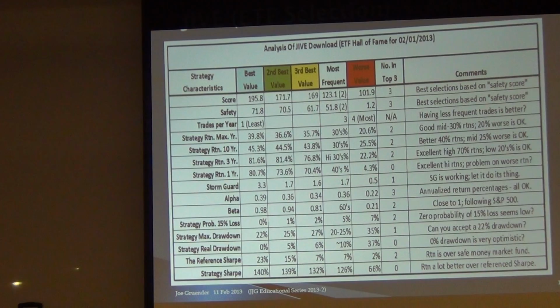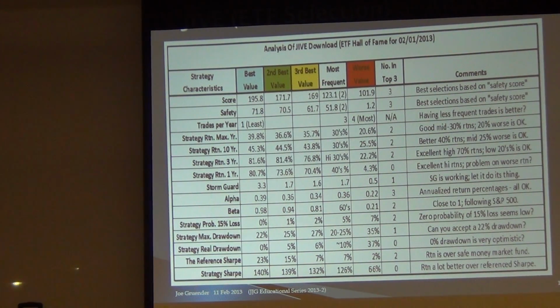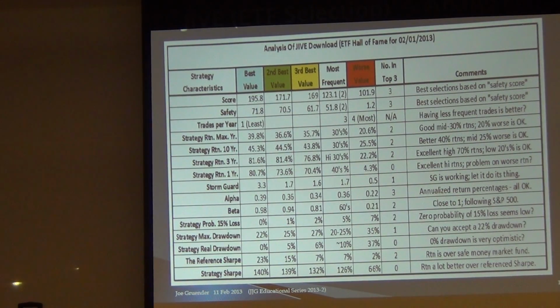So it's like an ATR type of thing? No, it's not a volatility measure, it's a matter of what the performance of your strategy is. So let's say, for sake of argument, the raw value of StormGuard was 1.5.